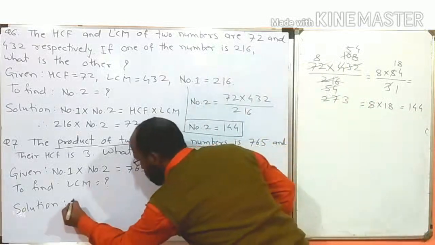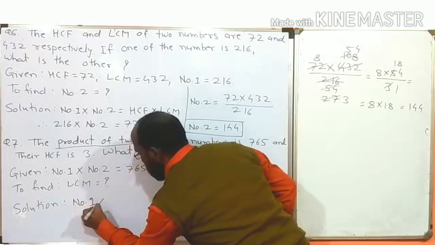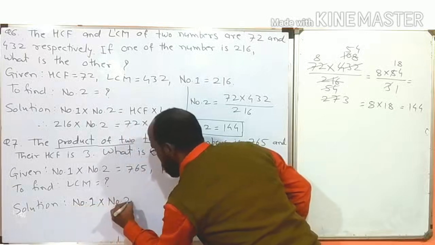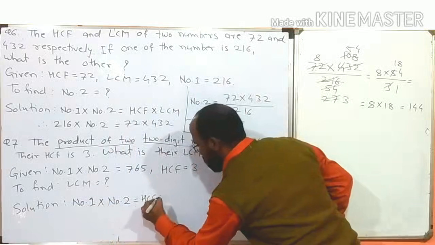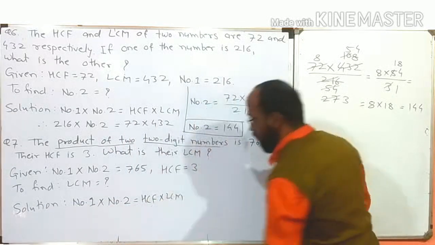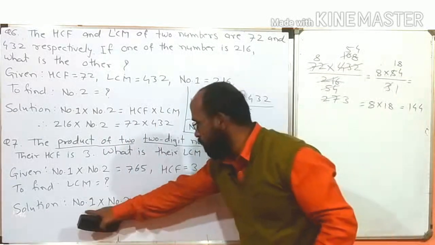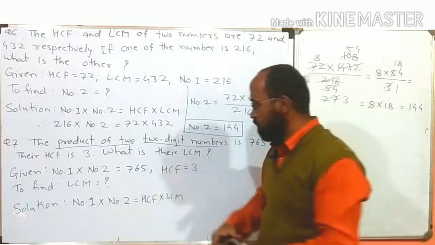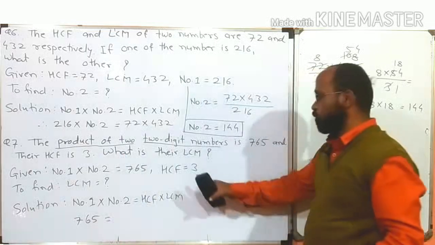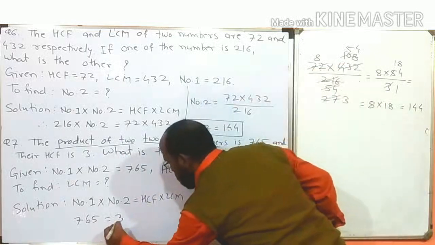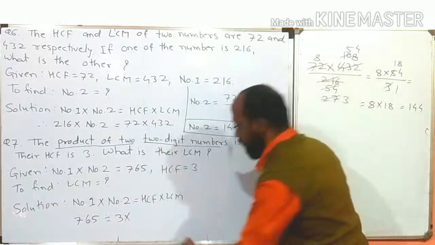So number 1 multiplied by number 2 is equal to product of their HCF and LCM. Okay friends, so number 1 into number 2 is directly given, 765, which is equal to HCF 3 multiplied by LCM.